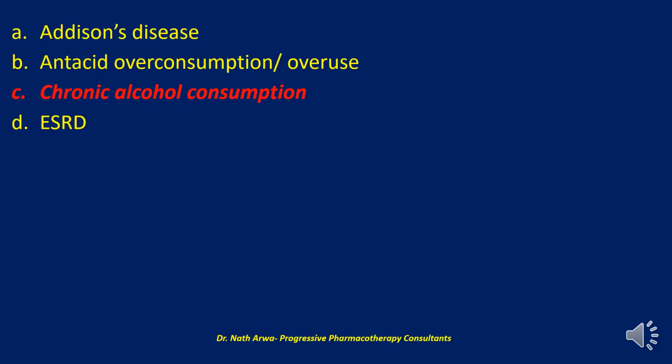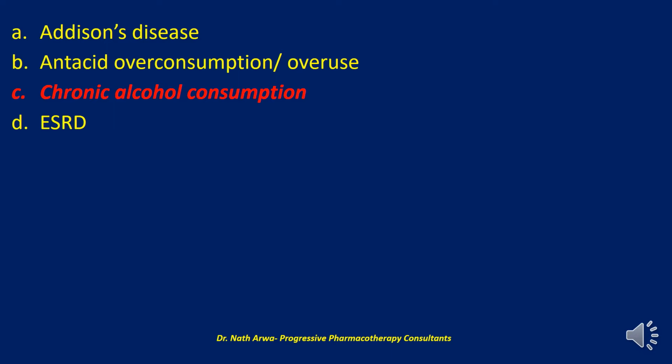Chronic alcohol consumption it is. Magnesium depletion can result in tremor, tetany, increased reflexes, personality changes, disorientation, psychosis, and prolonged QT interval, among many other signs and symptoms.